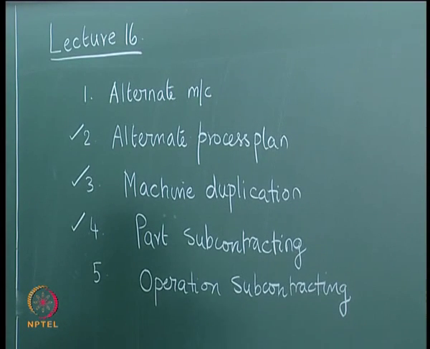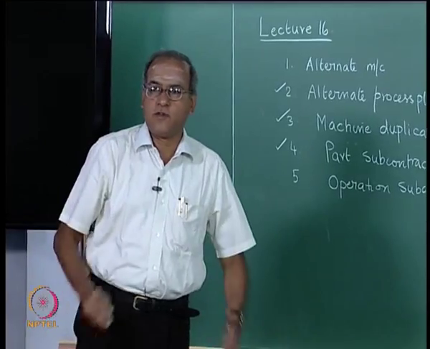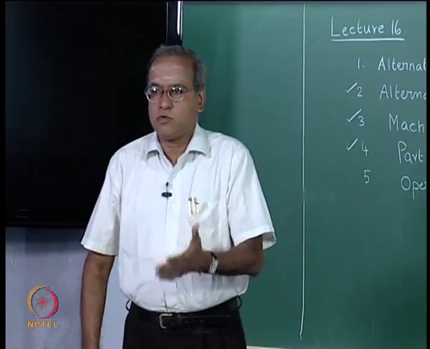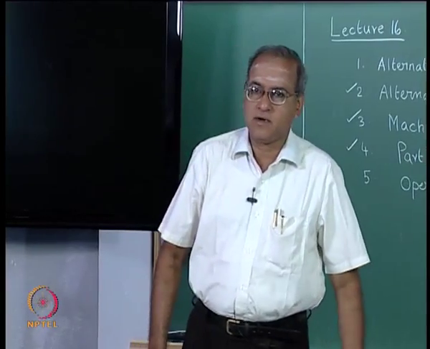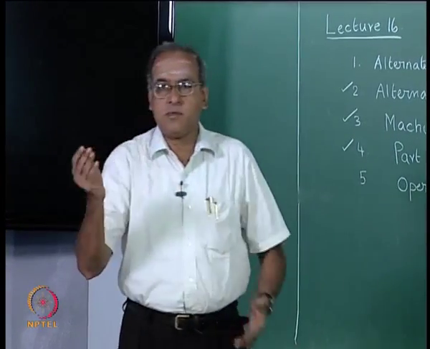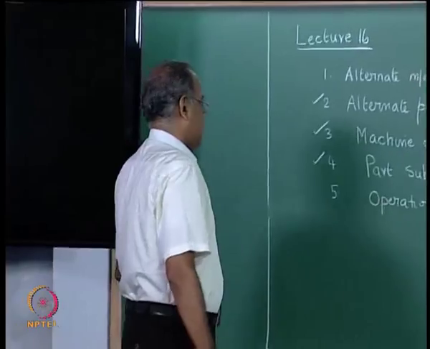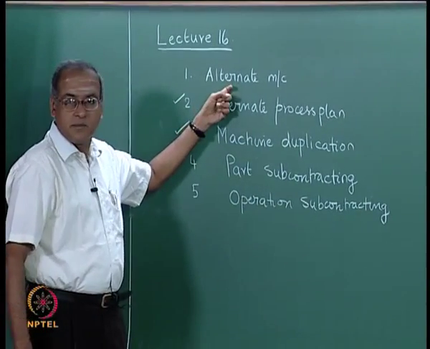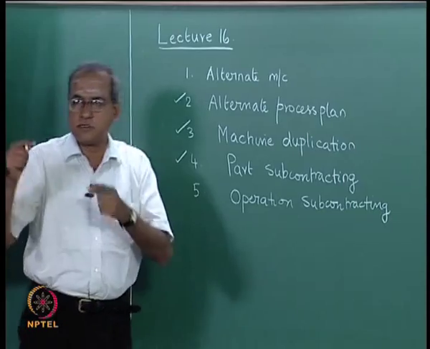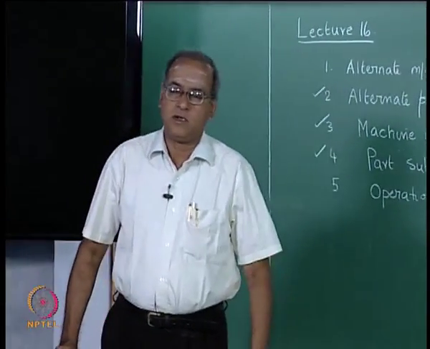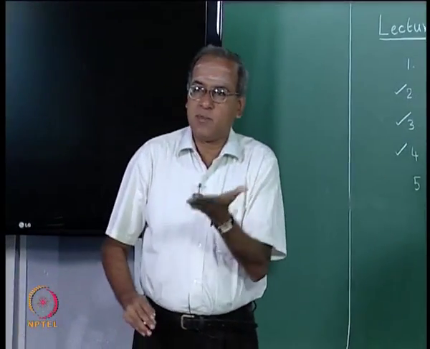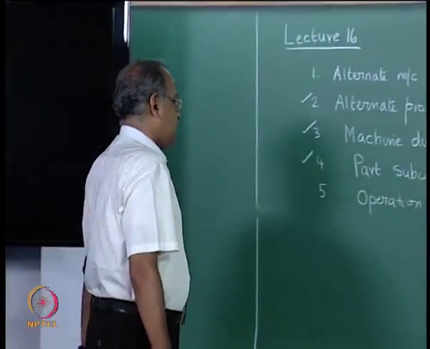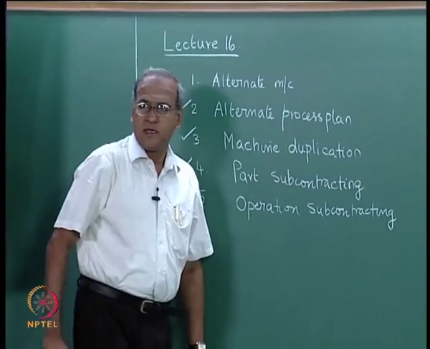knowing fully well that from the solution to the cell formation problem, which could come out through any of the algorithms that we have seen, it is always possible to find out whether a particular operation can be done on an alternate machine, or which are the operations to be looked at so that they can be done on alternate machines within the cell, plus operation subcontracting.